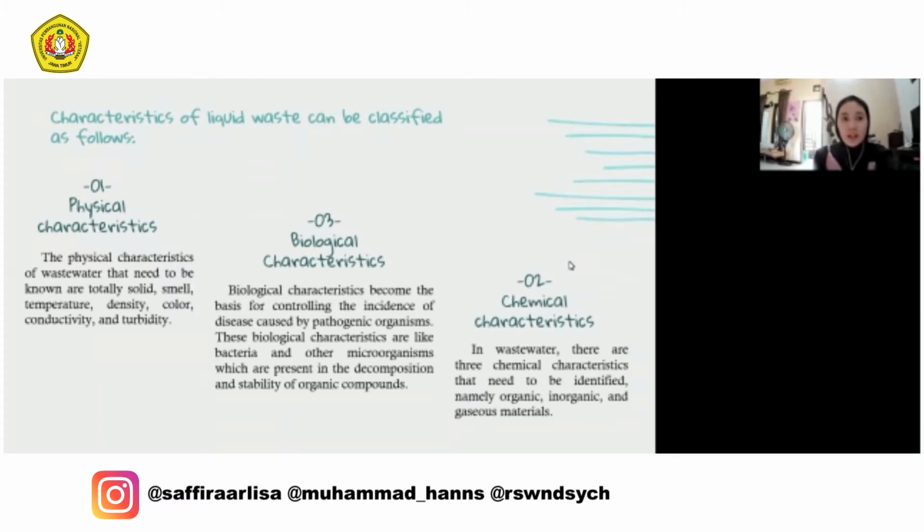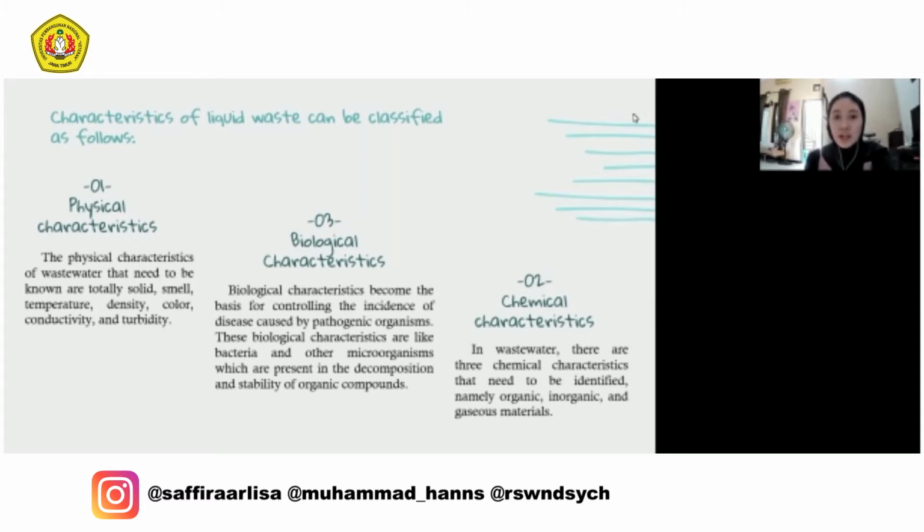Number 1, physical characteristics. The physical characteristics of wastewater that need to be known are total solids, smell, temperature, density, color, conductivity, and turbidity. Number 2, chemical characteristics. In wastewater, there are 3 chemical characteristics that need to be identified, namely organic, inorganic, and gaseous material.